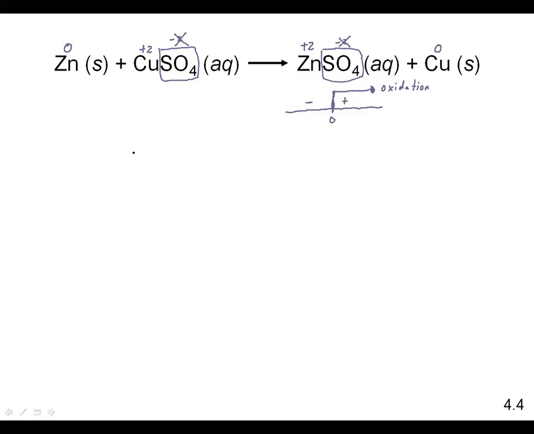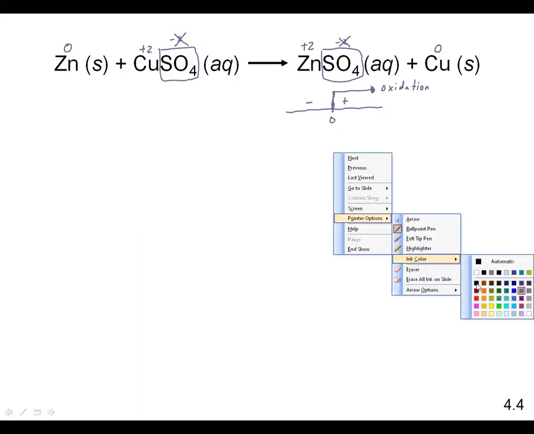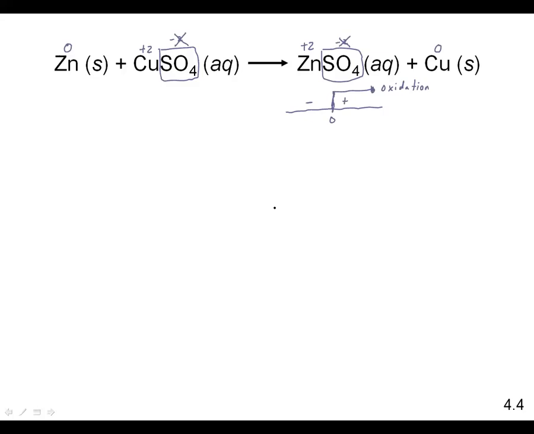While if we look at our copper and see what's happening with our copper, which truthfully we don't really need to see because we've already figured out one, but just to show you, copper is starting at +2, which we'll call over here, and it's ending up at 0, which is moving in this direction, which means when you move in that direction, it is going through reduction.